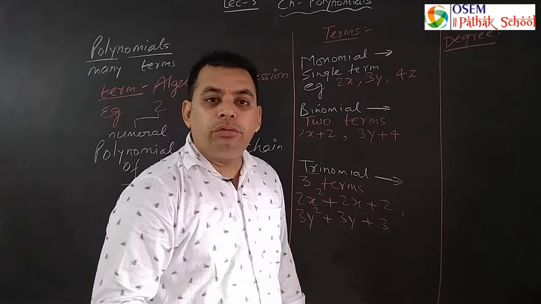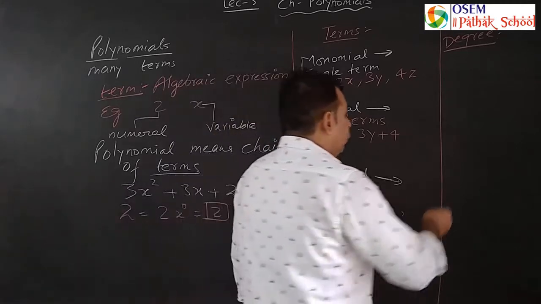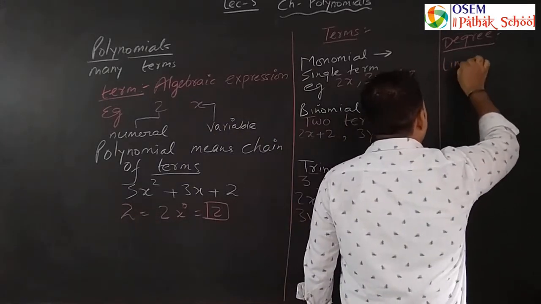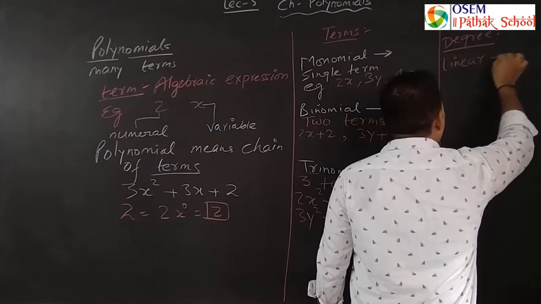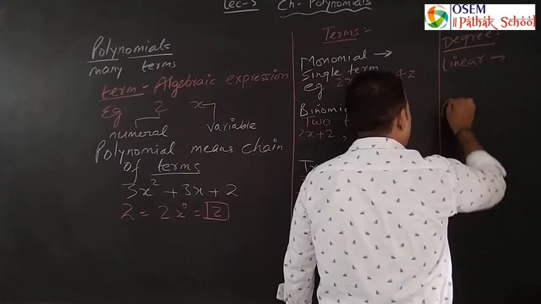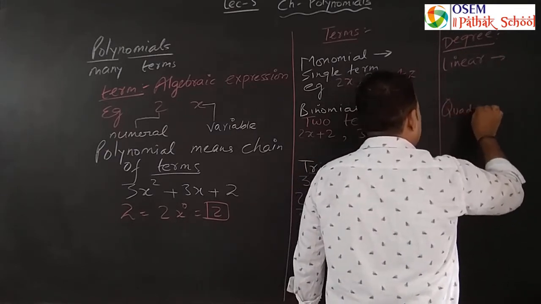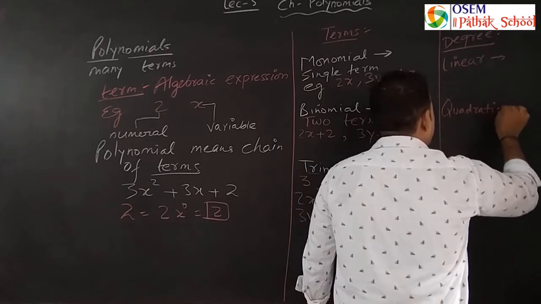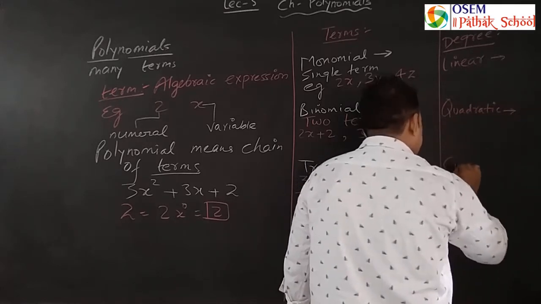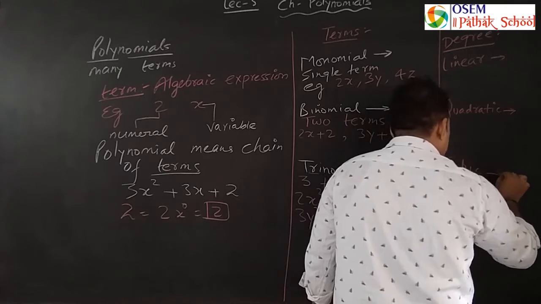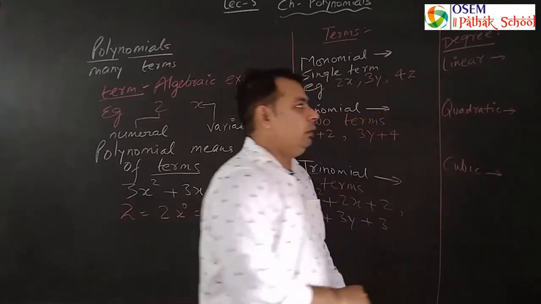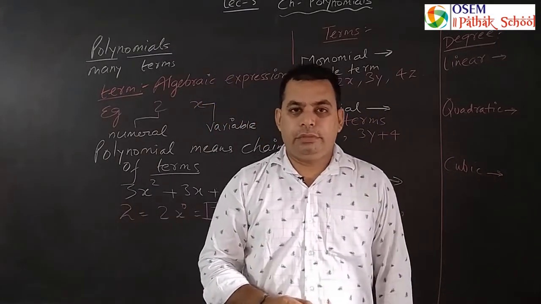Now, according to the degree, polynomials have been classified into linear, quadratic and cubic. Now, what is linear?